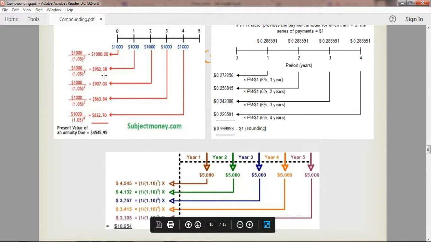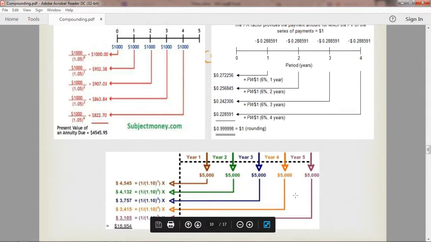And then you can also see the difference between the two. The difference is that annuities due have one less discounting, right?